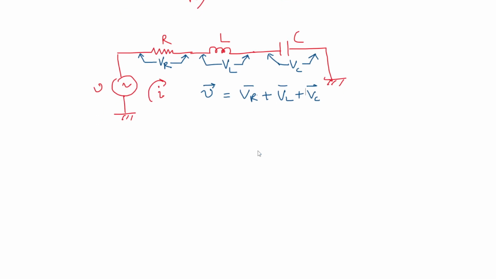So we can draw the phasor summation. Take I as the reference phasor. VR is in this direction, that means in phase with I. VL should be leading the current, because inductive current should be lagging, so the inductive voltage should be leading.